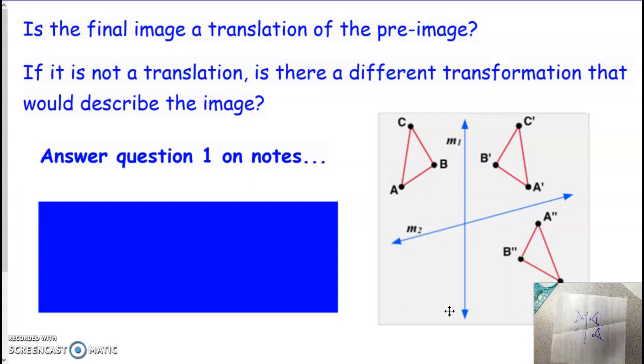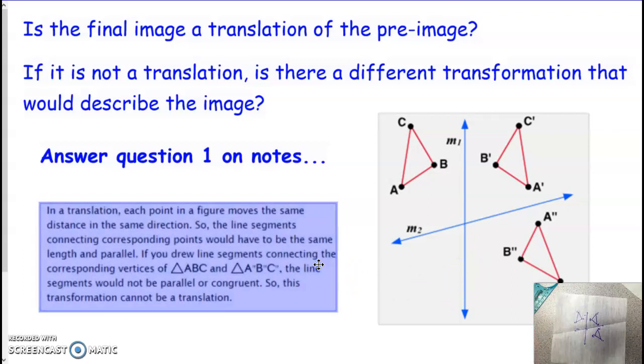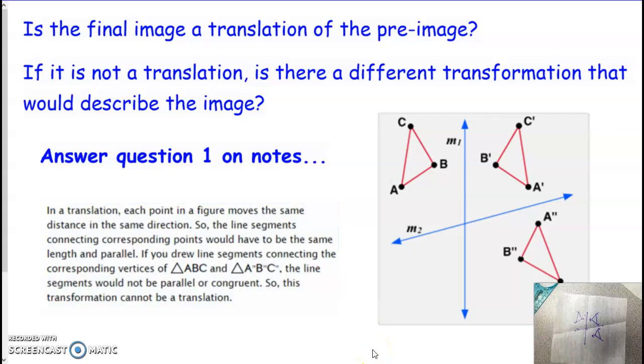Okay, so it appears that there's been some sort of turn that has occurred, and that's what we want to answer in question 1. So it says, is the final image a translation? And it's not. And it looks like we've kind of turned our triangle a little bit.